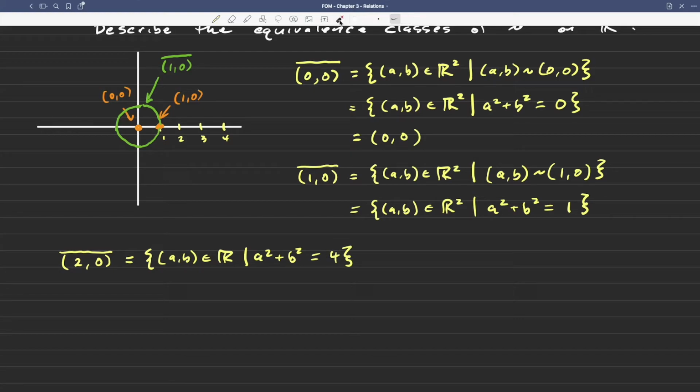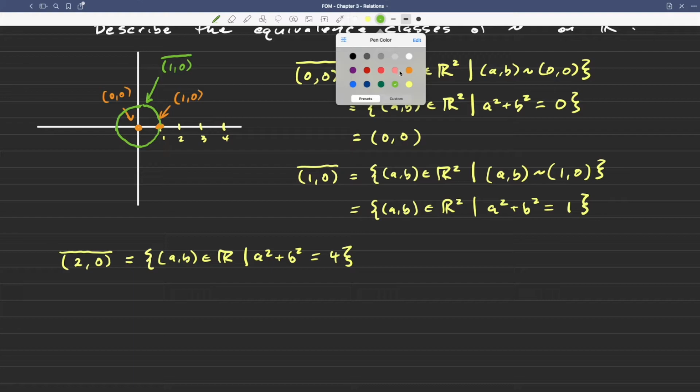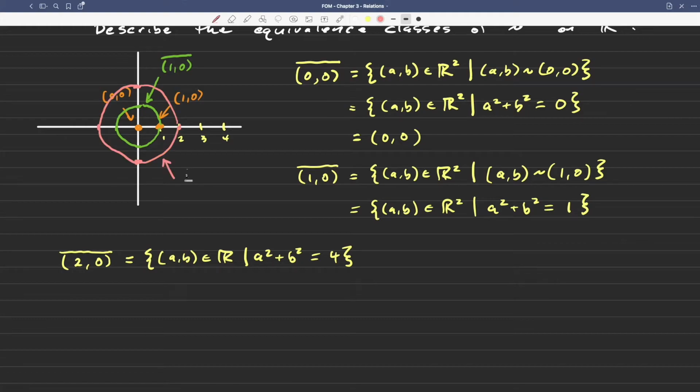And hopefully you recognize that this equation defines a circle of radius 2 centered at the origin. And so 2, 0 bar is another circle centered at the origin, except this time it's a little bit bigger. Excuse my lumpy looking circle, but pretend that's a perfect circle there. So there's 2, 0 bar.